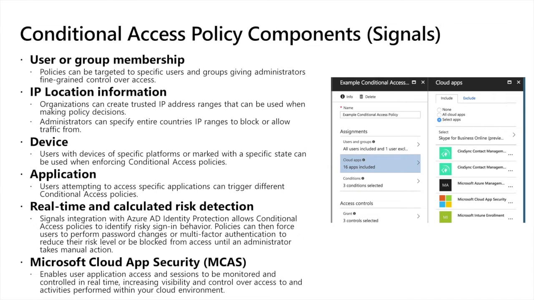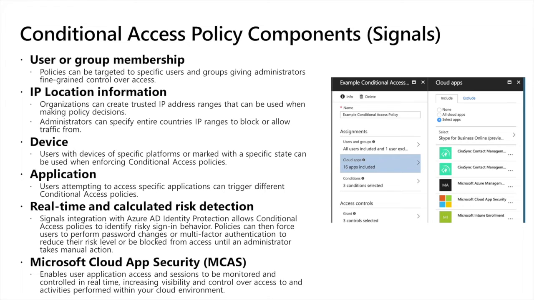So as I said, we have a series of signals based on user or group membership or even admin role. You can base it on IP address location, and this can obviously be a specific IP address or geolocation. On a user-specific device, and whether that device is managed in Intune or Microsoft Endpoint Manager. So if it's a managed device, great.